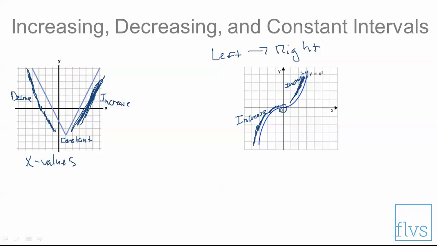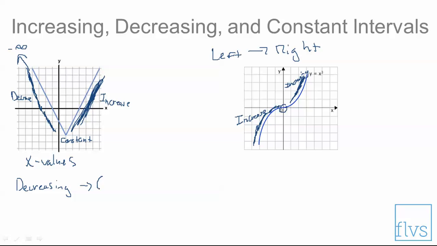So now we need to go ahead and give it numbers. Let's go back to this first one. When we talk about decreasing, again, we're always going to refer to it in x values. It pretty much started at forever. Remember, forever to the negative is going to be negative infinity.